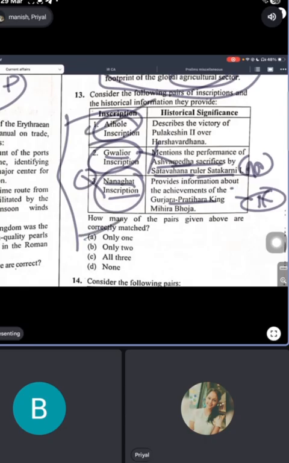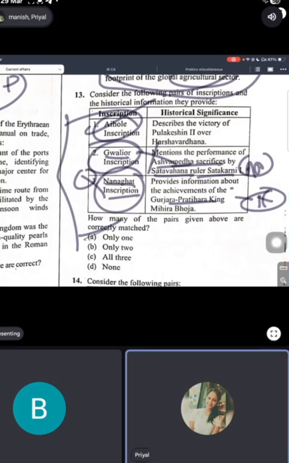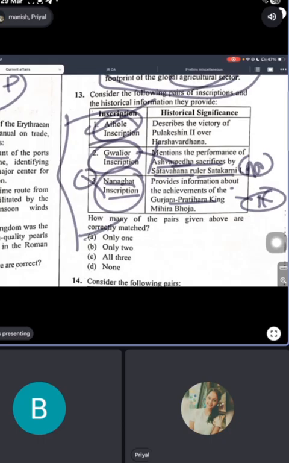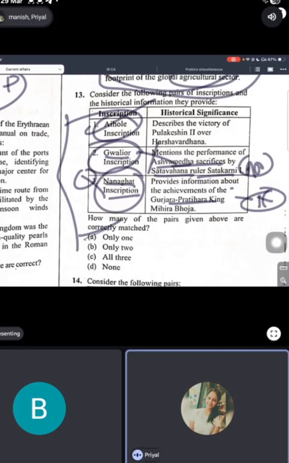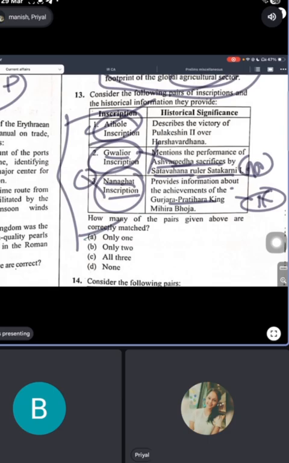I don't know exactly what their option is. This is a typical ancient history question. Where is Nana Ghat? Nanagarh is not in that. The Gurjara-Pratiharas are typically Haryana, UP, and Rajasthan side. Nanagarh is not related to that.